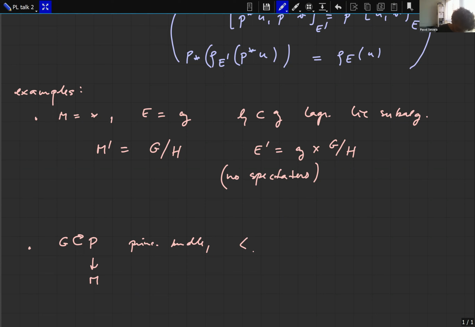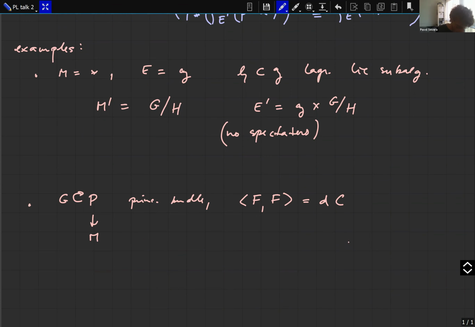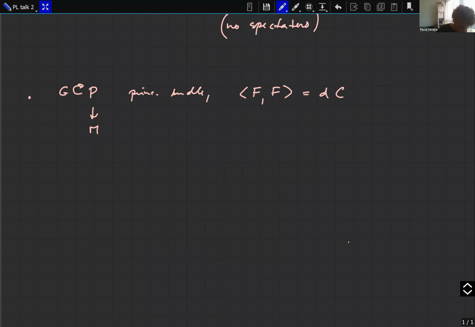So if we take the curvature of some connection, this form should be d of something. If you have such a story, then again this M prime would be simply P modulo H, and different choices of H will give us M prime or M double prime, and these are then somehow in Poisson-Lie T-duality. Okay.